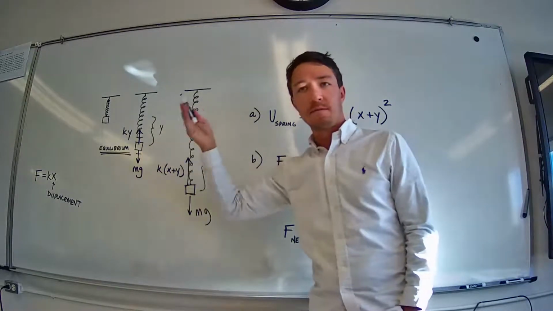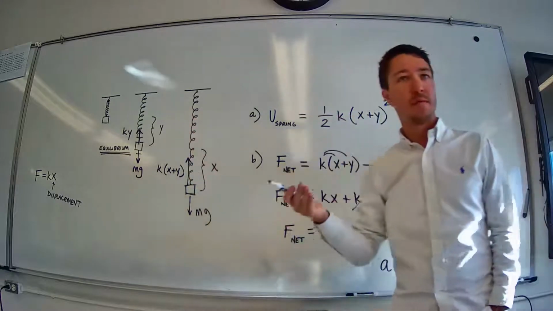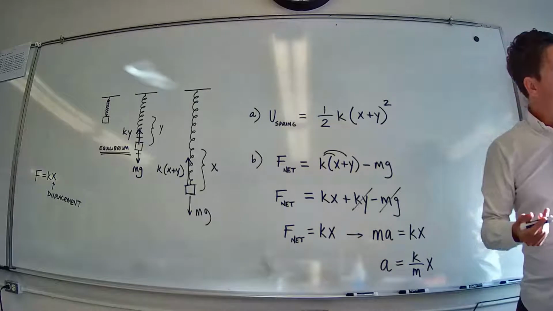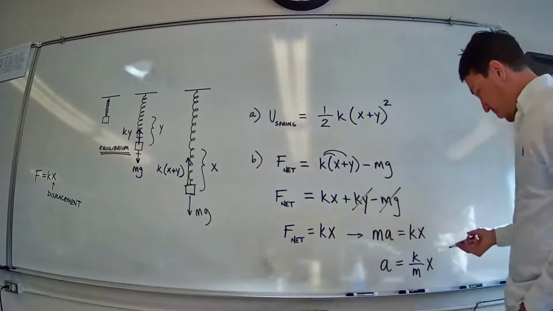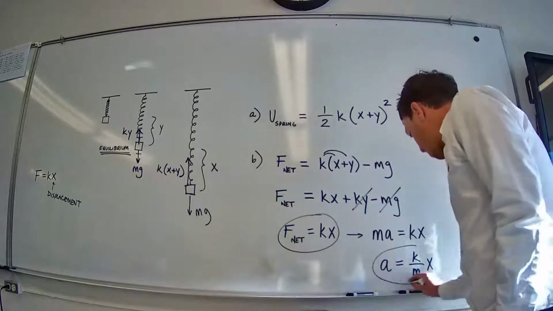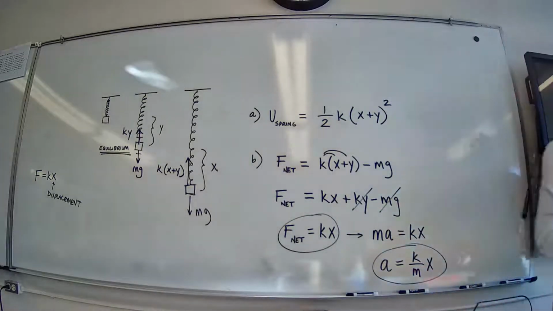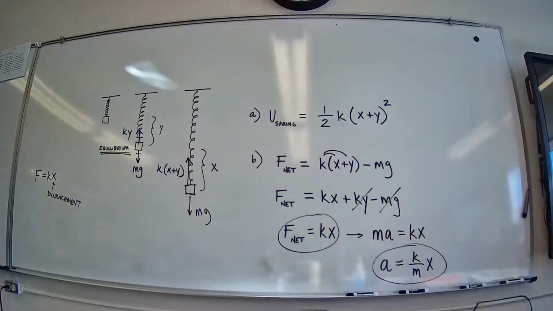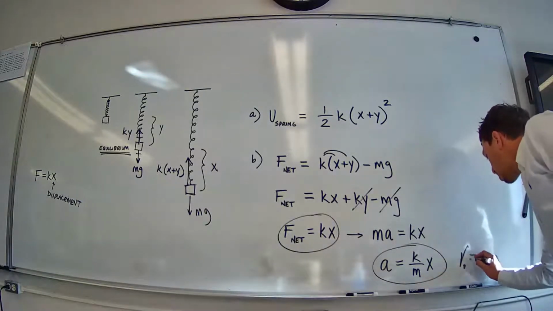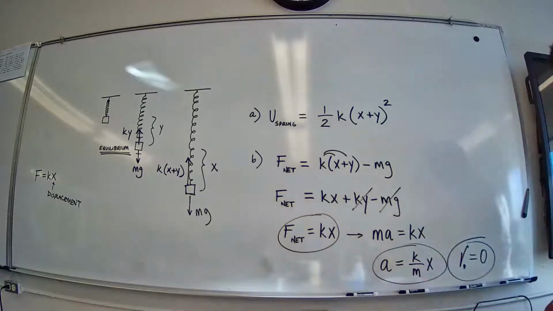So do you see how it's identical? So there's the net force at that position, there's the acceleration at that position. And it asks what's the velocity when first released? 0.